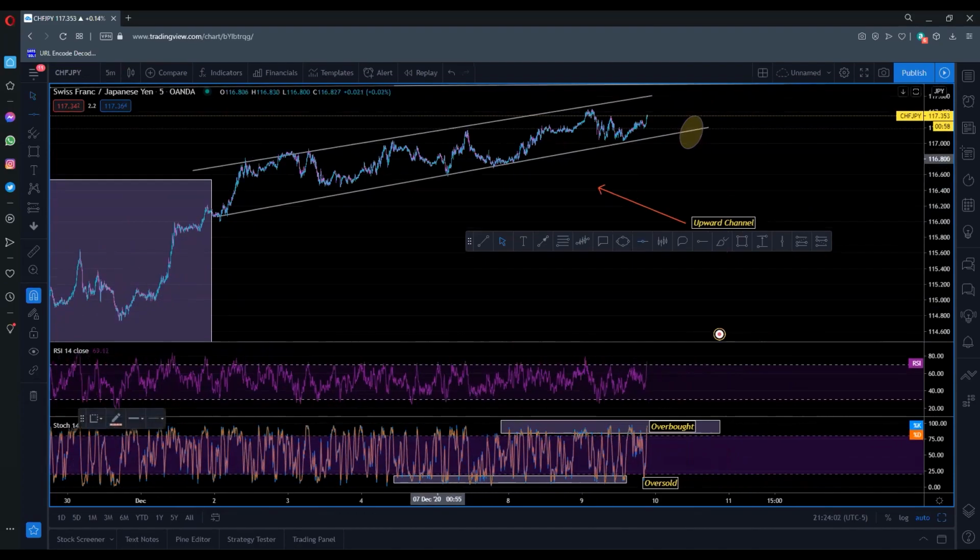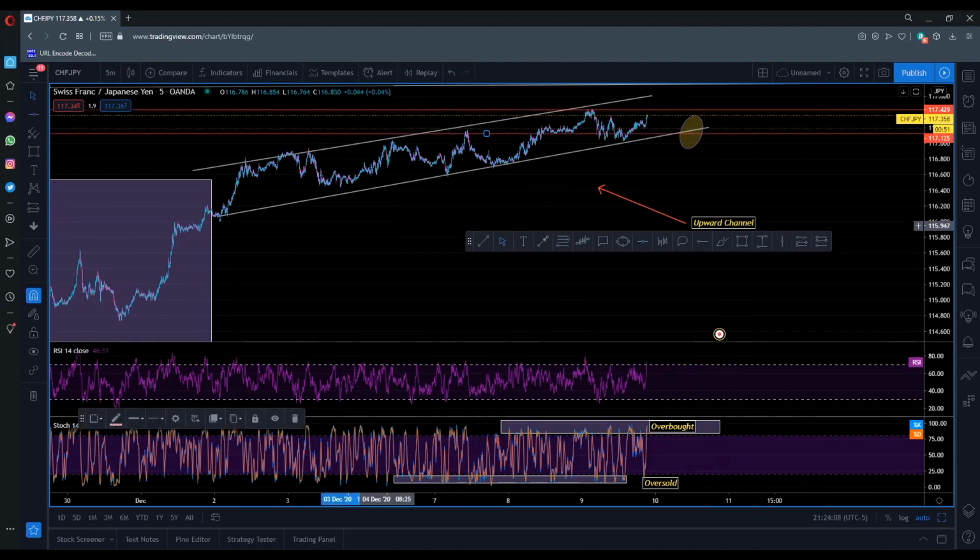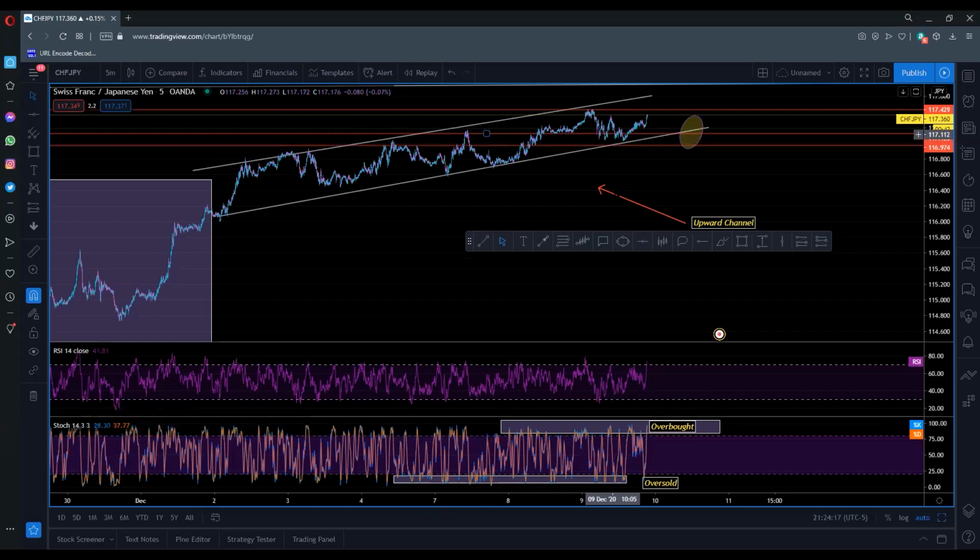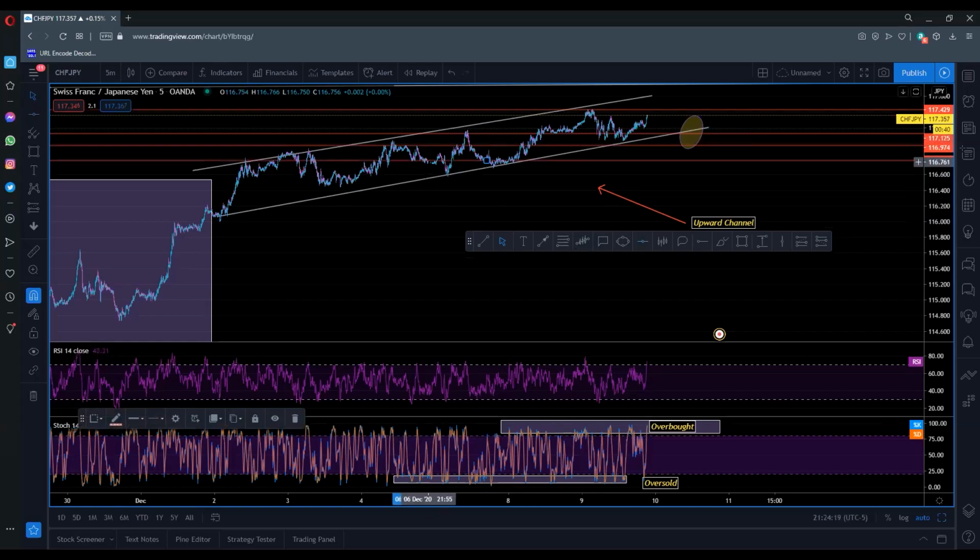let me draw the support and resistance real quick. All right, so that's been one of the resistance levels. Here's another resistance level. Here's a support level. Here's a support level.